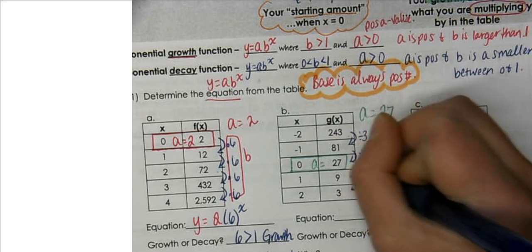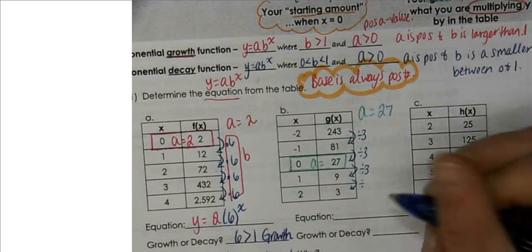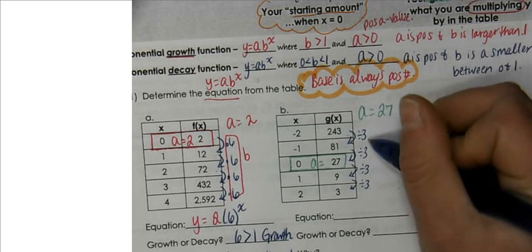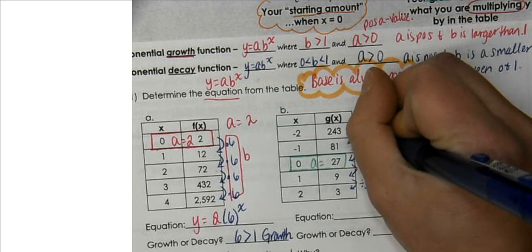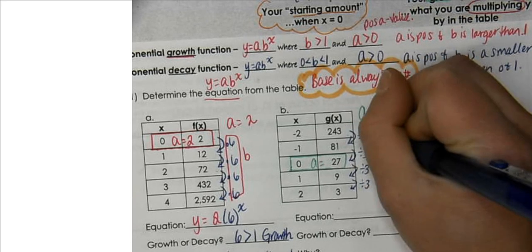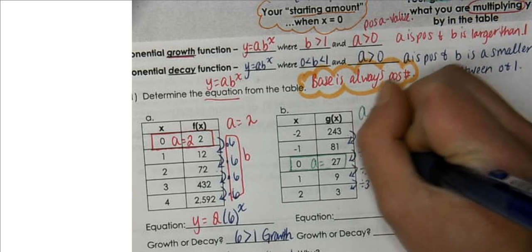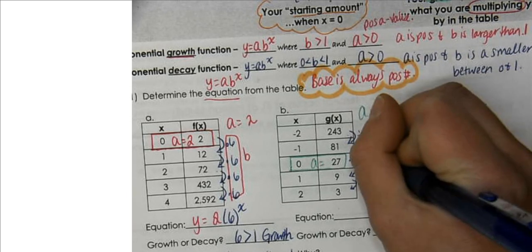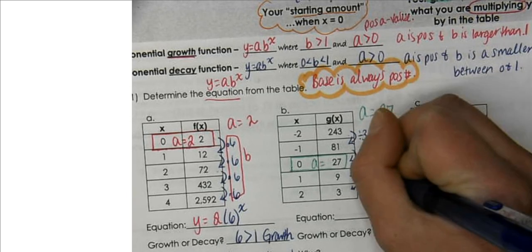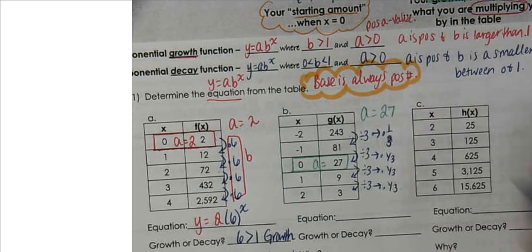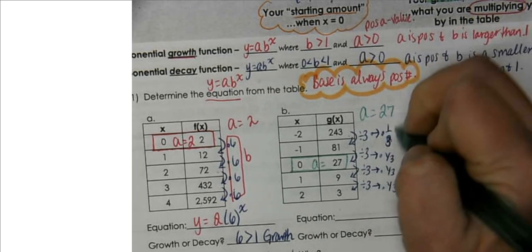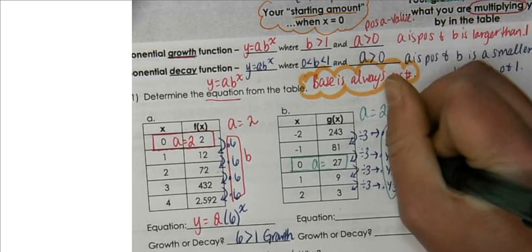But remember that this is supposed to be a multiplier. So remember that to divide by 3 means to multiply by the reciprocal. So that is like multiplying by a third. So we are actually multiplying by a third each time, and this right here is our b value. It's whatever you're multiplying by.